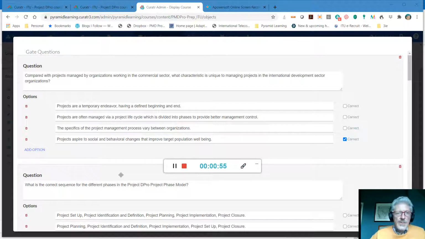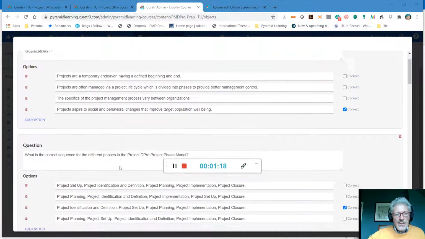Well, that's true about every project as well. So it can't be A or B. The specifics of project management process vary. Well, yes, they do. So that's true for everything. So the answer by deduction, but also because of what it says in the guide, is D, and that development projects are aspiring to social and behavioral changes.